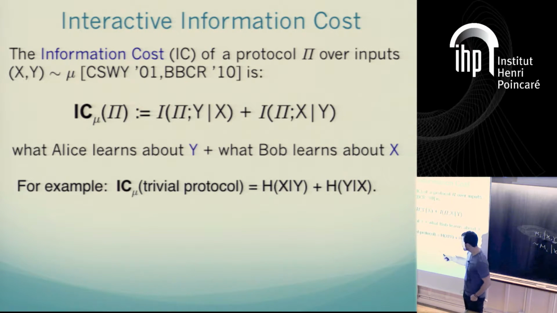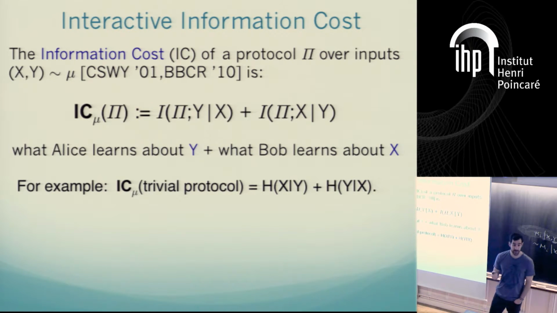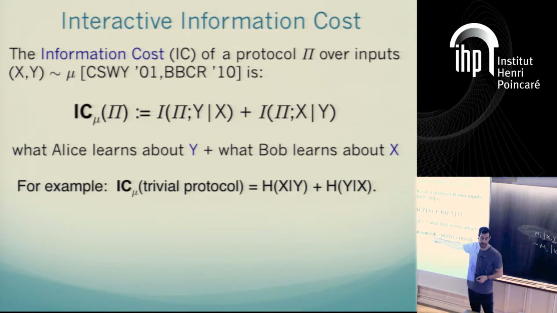All right, so for example, the information cost of the trivial protocol in which the players simply exchange their inputs is just the sum of the marginal conditional entropies, right? And just a remark, notice that the communication cost of this protocol can be arbitrarily larger.